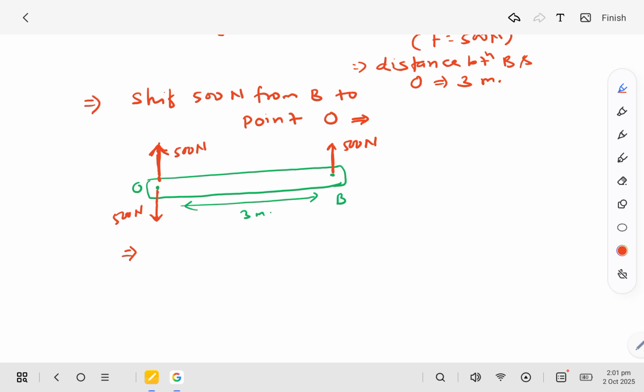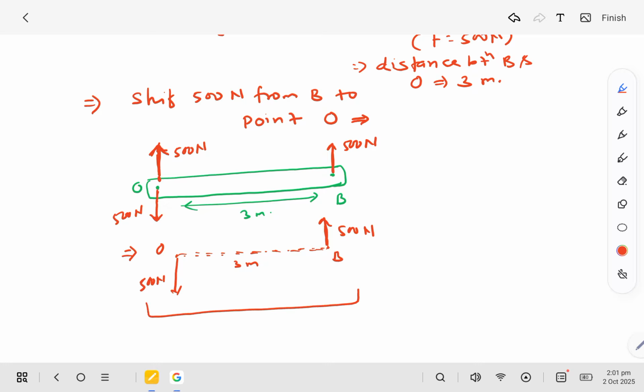Now this 500 Newton force acting at point O, and this is the 3-meter distance, and this is point B here, and the same force of 500 Newton. So this is nothing but a couple.